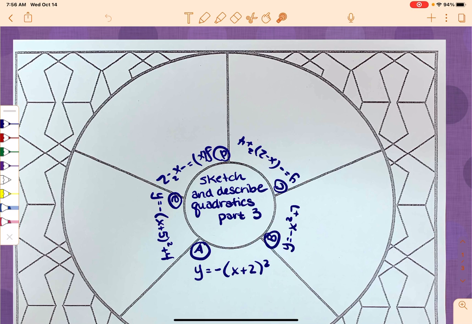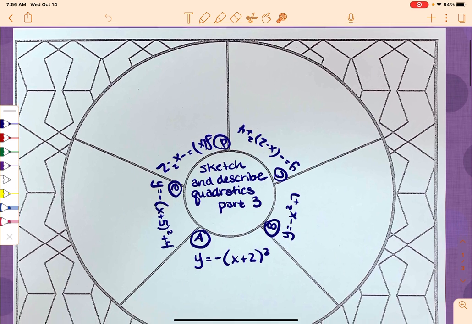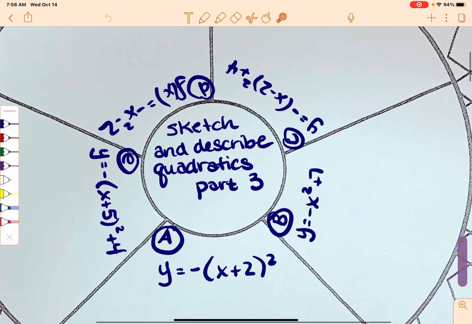Now you'll see I am using a regular organizer, which is great. And in the middle, I've had Sketch and Describe Quadratics Part 3, which is where our focus is going to be. And you'll notice there's no big ideas in this one. I have 5 different equations as I work around.